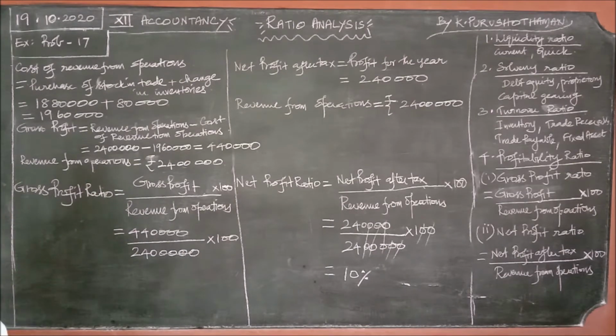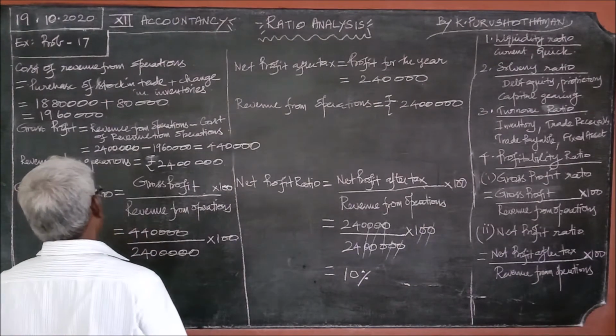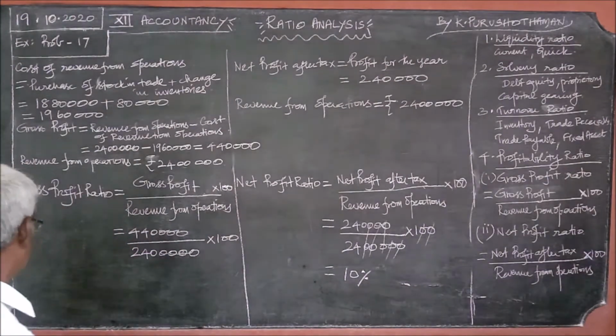So, what do we have to do in it? From this 19,60,000, we need to find this; 4,40,000 is coming.